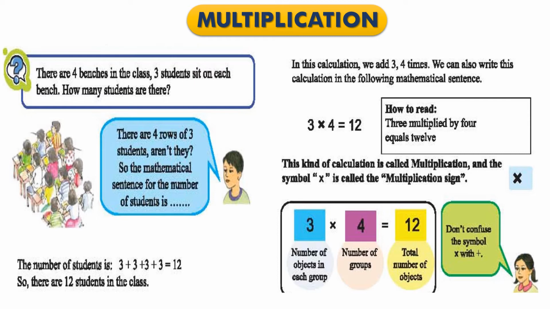That's why we put 3 in the front. Then we have given the multiplication sign, and then the number of groups. We have to count how many groups are there. That means the number of benches. There are 4 benches. So in total the number is 12.